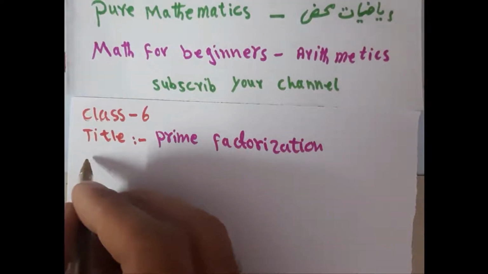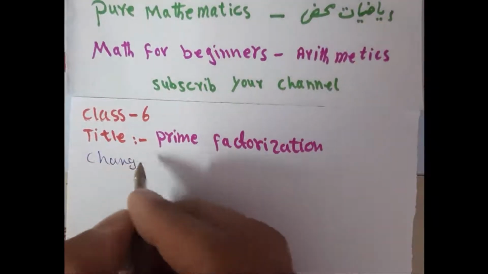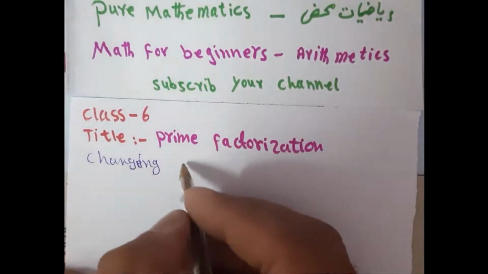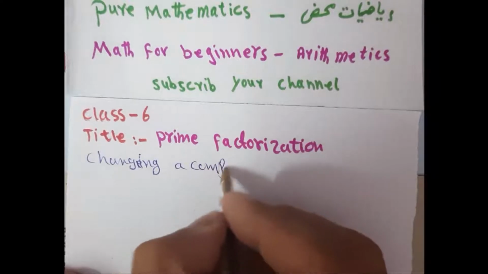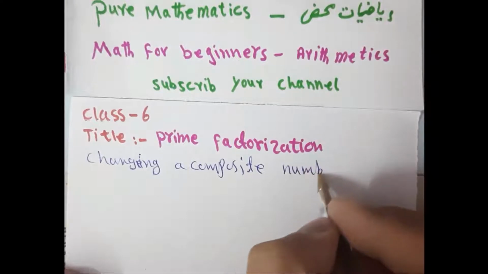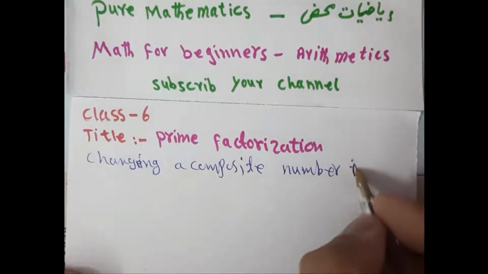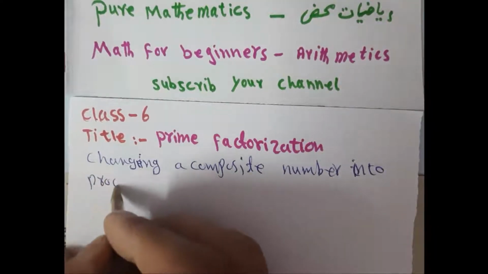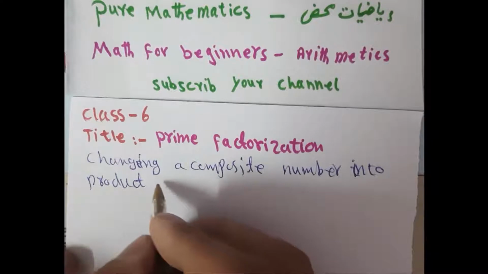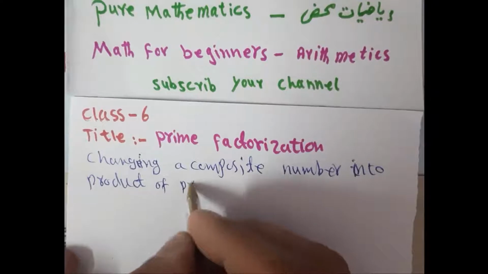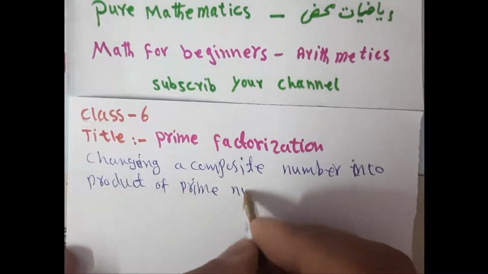We define prime factorization as changing a composite number into a product of prime numbers.